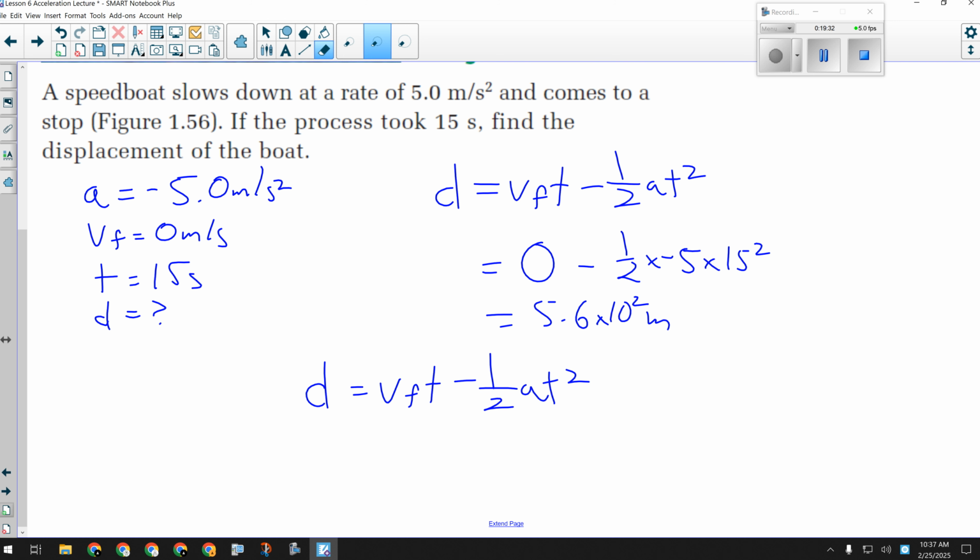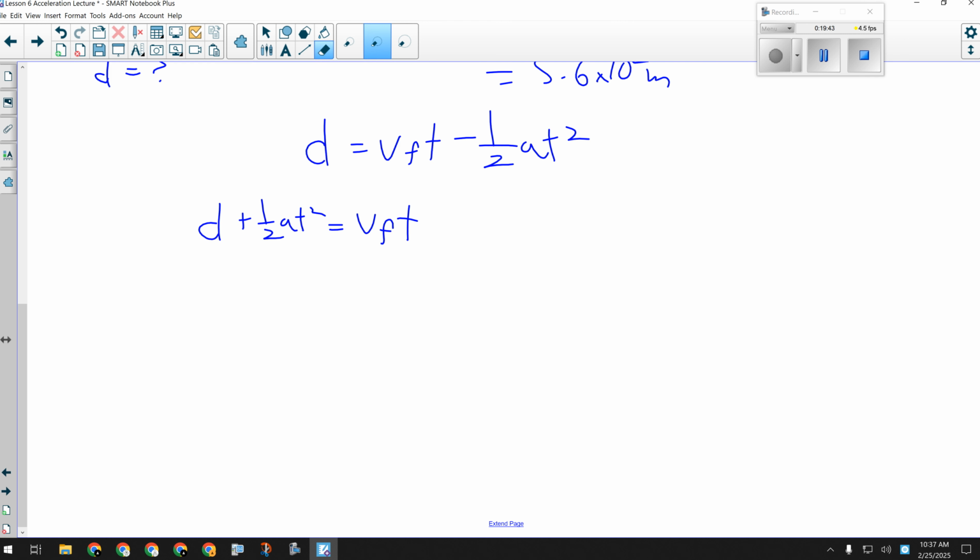Add it to the other side. D plus 1/2 AT squared is going to equal VF times T. And then, just like the last formula, I would simply divide both sides by T, and I'm solving for VF. This formula works very much like the other one.